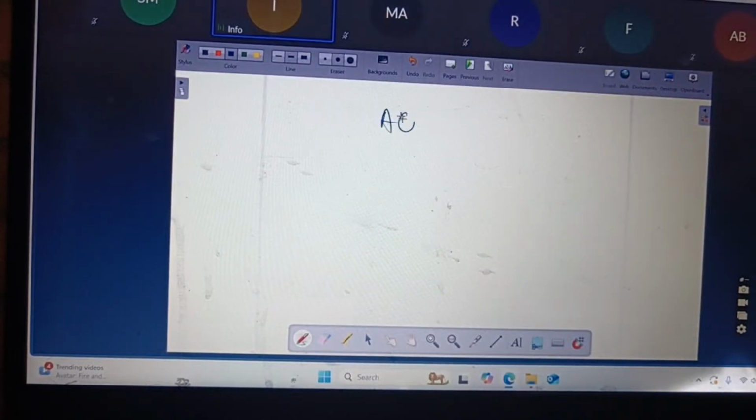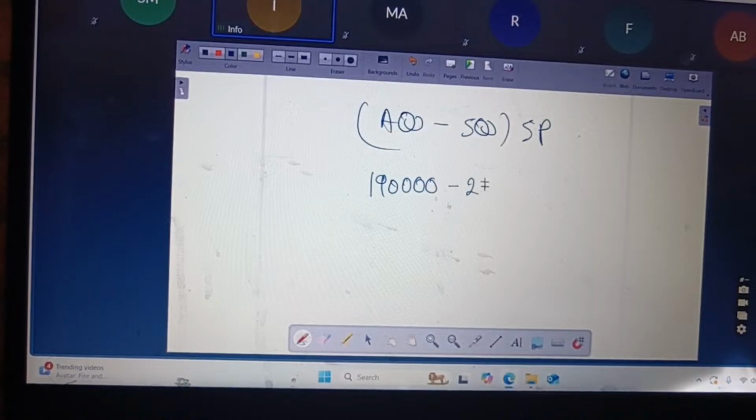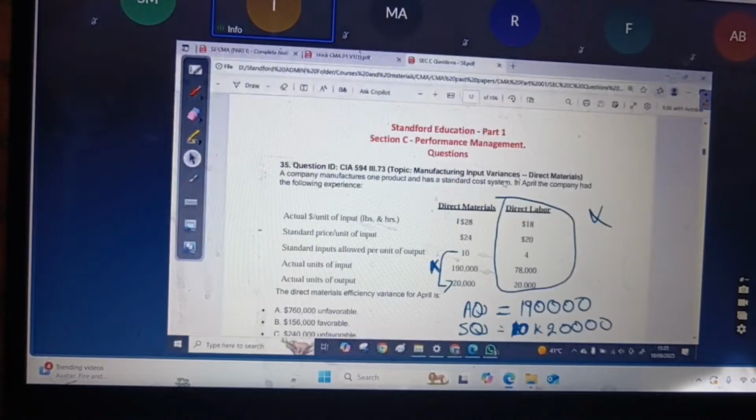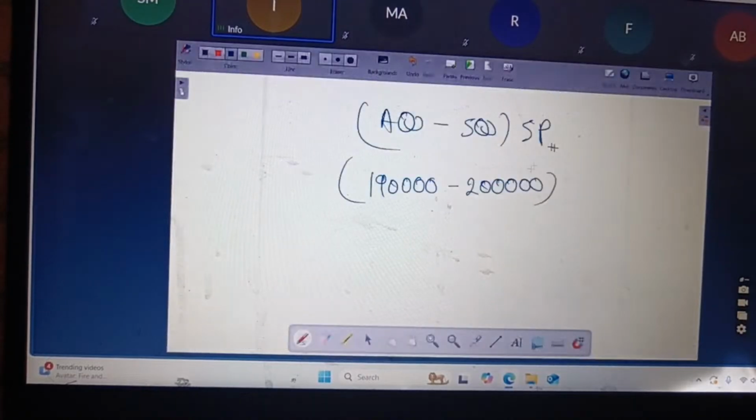Actual quantity minus standard quantity for standard price. Actual quantity is 1,90,000 minus 2 lakhs, for standard price, that is 24. How much is the answer? 2,40,000. 40,000? No, 24,000.